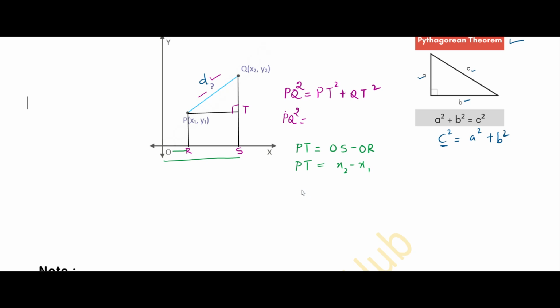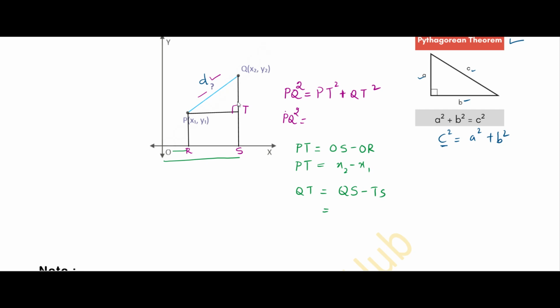In the same way, we'll find out QT. QT equals QS minus TS. What is QS?